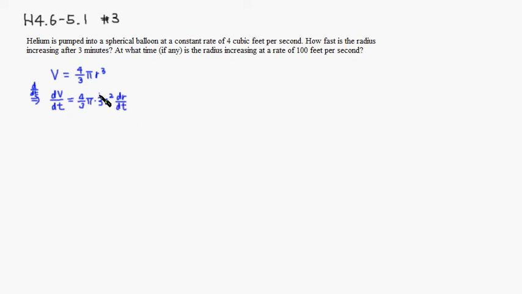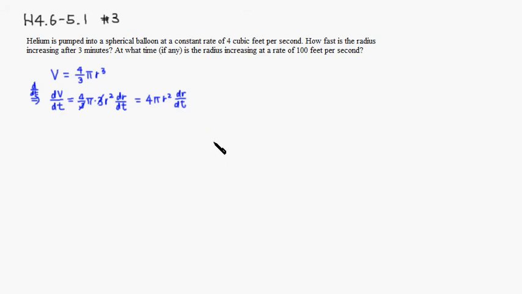So clean up a bit, the 3 on top and the 3 cancel out. You have 4 pi r squared dr over dt. Alright, so we have that.